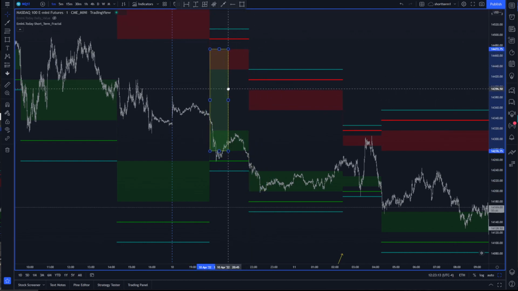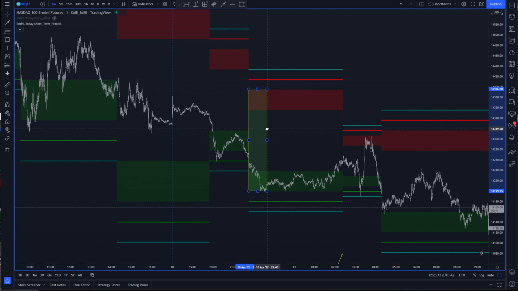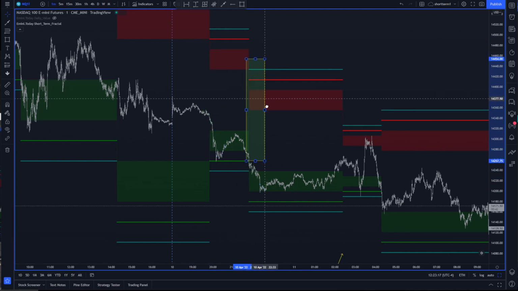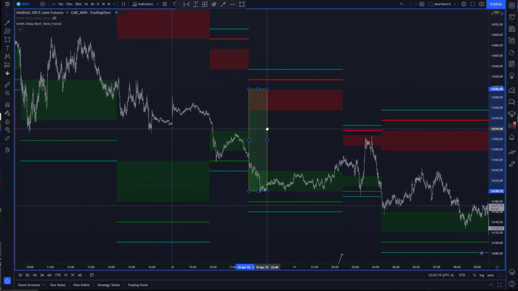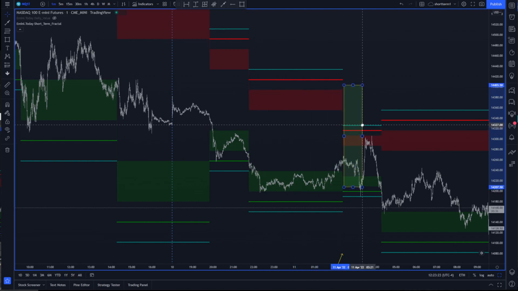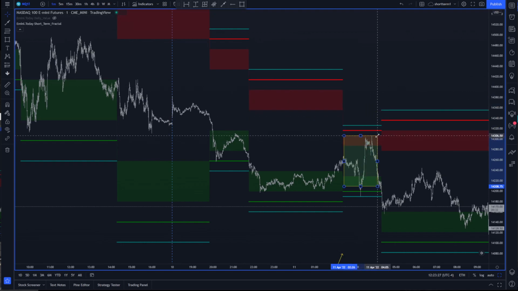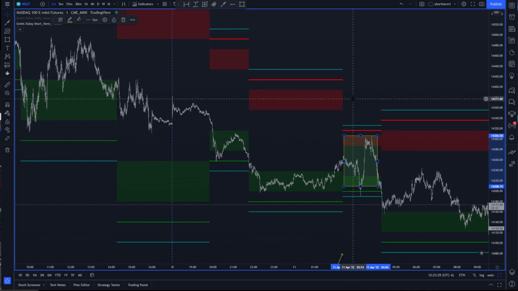You can eyeball this, that this is the same size of fractal. It just moved lower, but it's not expanding, right? This one here is shrinking, right? So we have a contraction of the volatility, right?